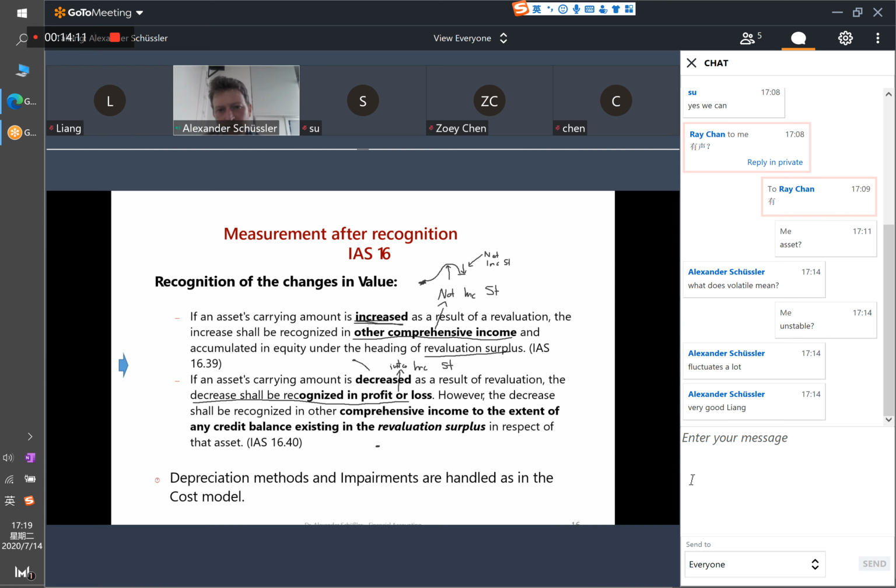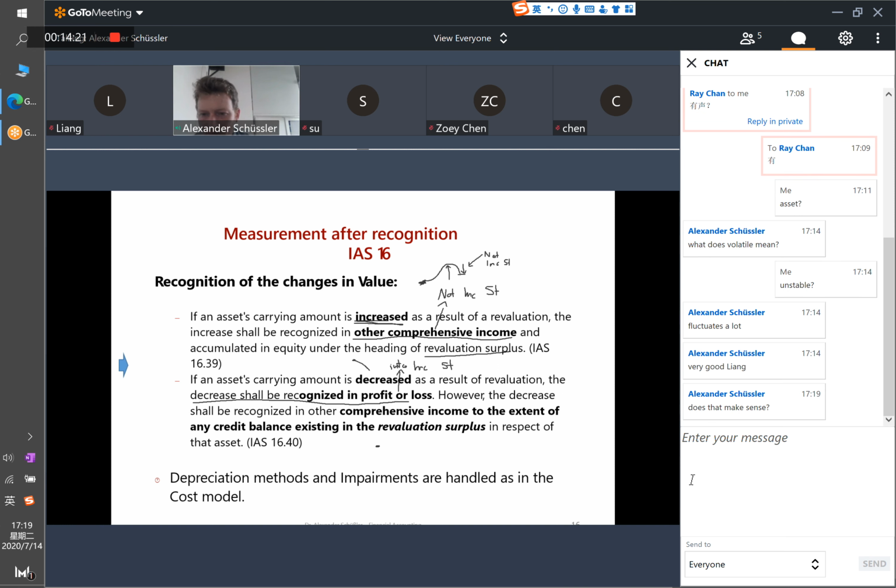Generally, does that make sense? Does that make sense to you, or are there any questions? Do you understand what the difference is between the income statement and other comprehensive income?